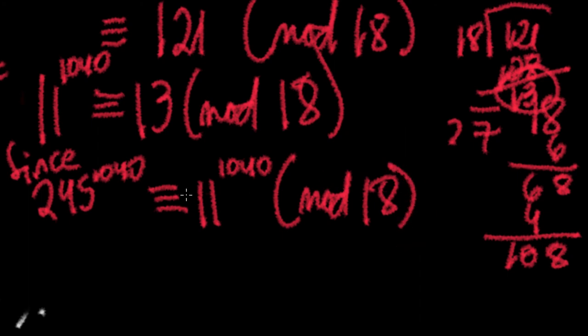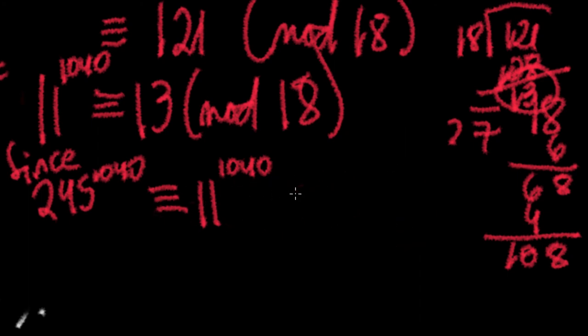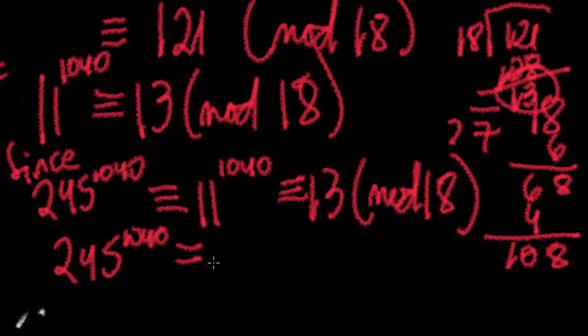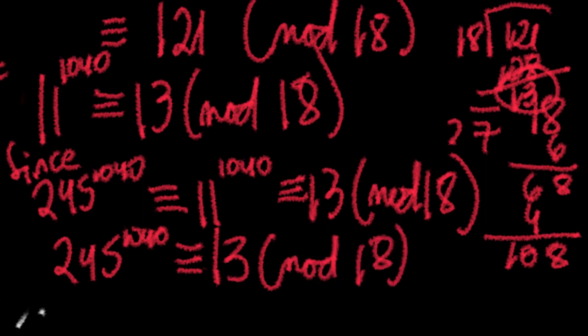Therefore, since this is congruent to 13 mod 18, we say that 245 raised to 1040 is congruent to 13 mod 18. And this is the remainder that we are desiring.